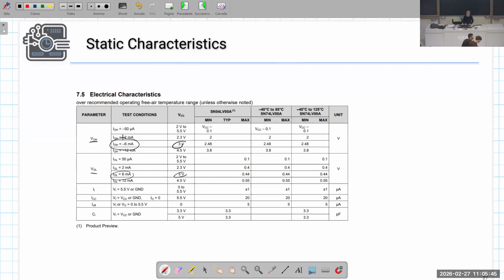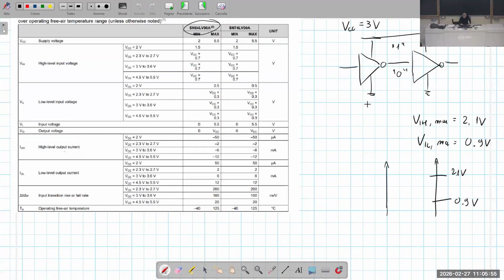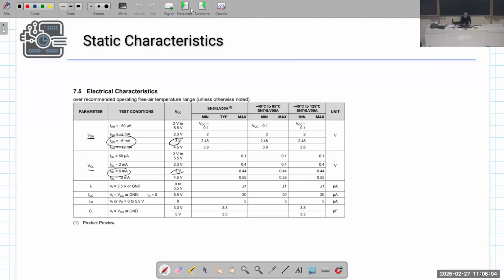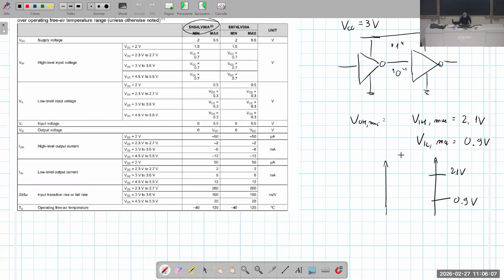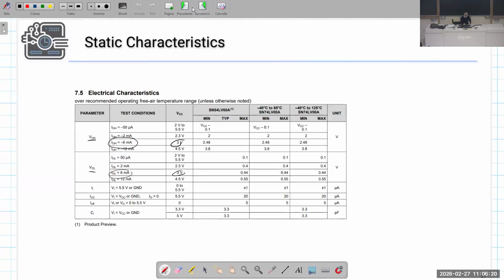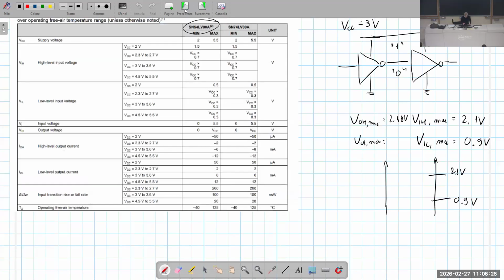If we ensure these conditions, we can assume that VOH minimum is 2.48 volt, and VOL maximum is 0.44 volt.